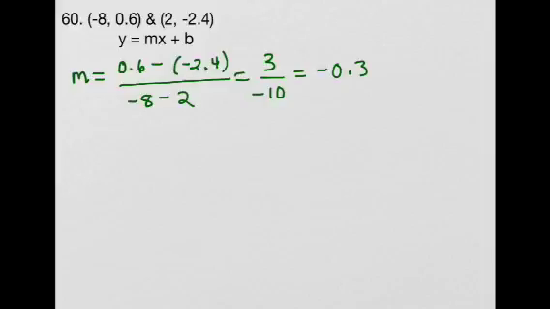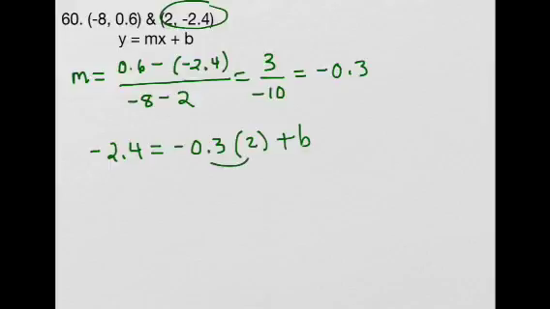Okay, so now I will pick a point and use it to find b. So I will choose this one right here. So I get negative 2.4 equals, because 2.4 is a decimal, I'll just use the decimal form of the slope, 0.3, and x is 2, plus b.